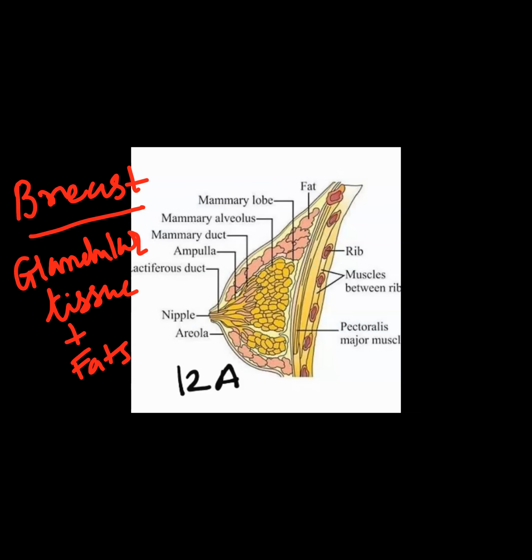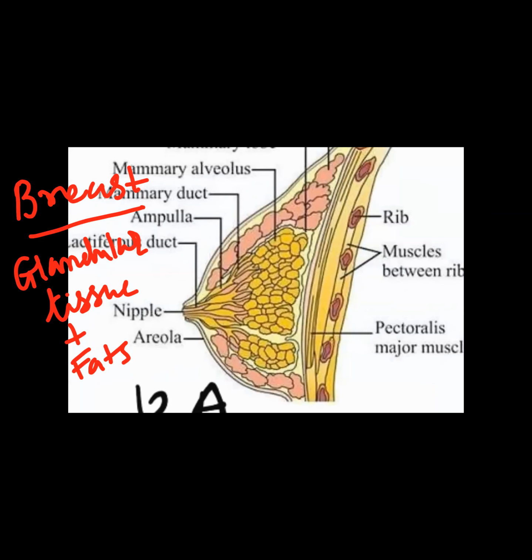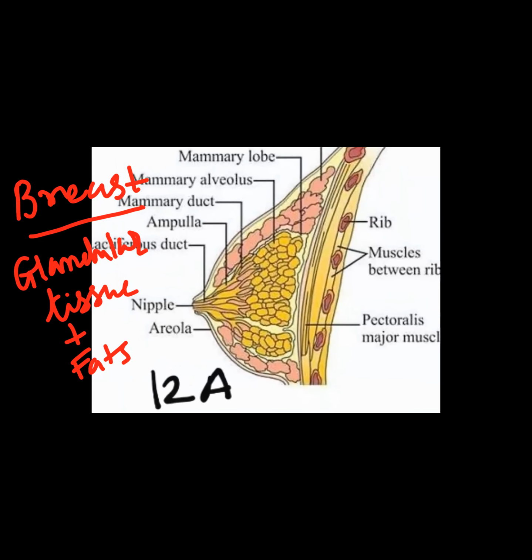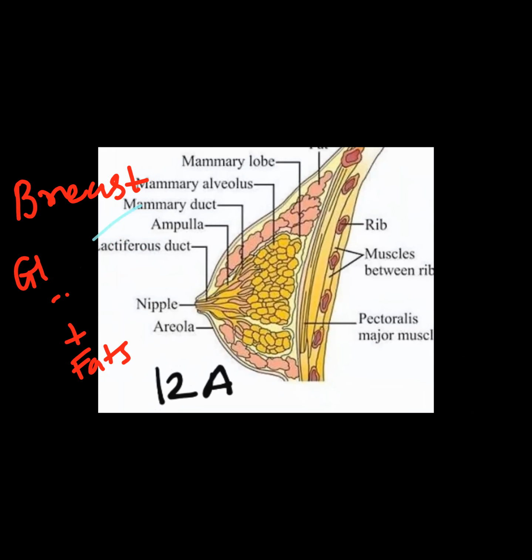If you see the glandular region, the glandular tissue of the breast includes 15 to 20 lobes in each breast.